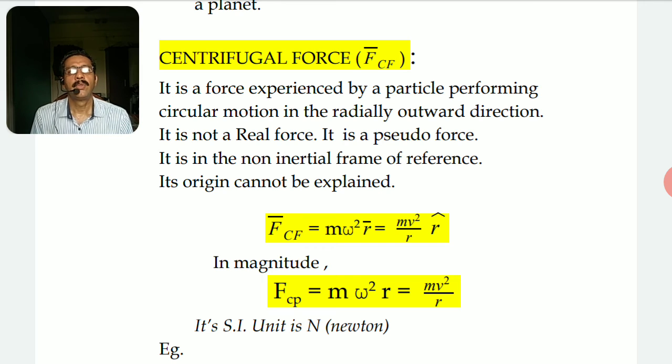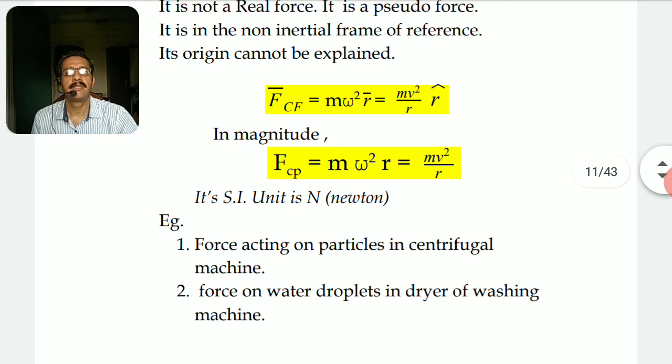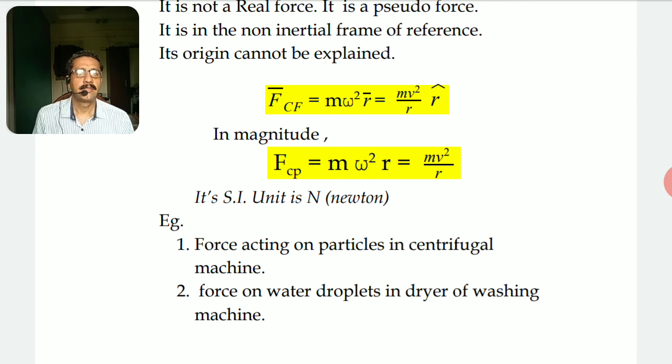So it's a force acting on a particle performing circular motion in the radially outward direction, which we say is not a real force, it's a pseudo force. Because the particle is in a non-inertial or accelerated frame of reference, this force acts on it. The origin of this force, however, cannot be explained as we could explain the earlier ones, for gravitational or electrostatic force, or the stone tied to a string.